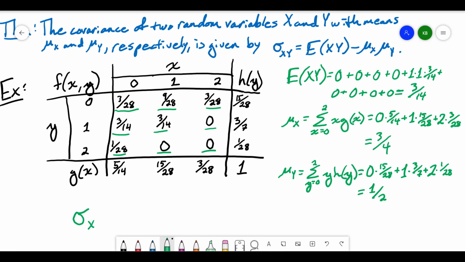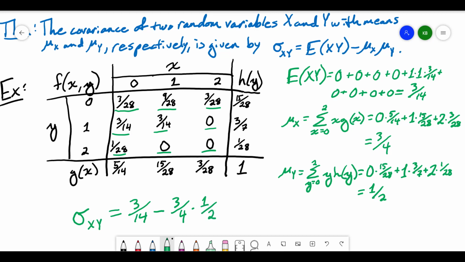I have my covariance of xy is going to equal the expected value I calculated, so my 3/14, minus the product of my mean with respect to x, so 3/4 times 1/2.